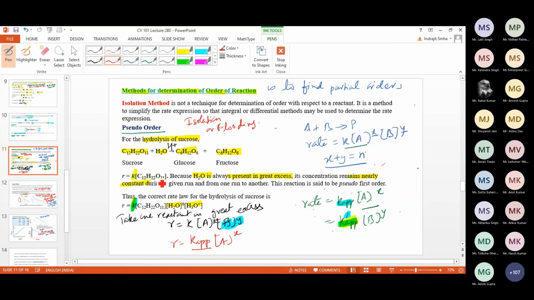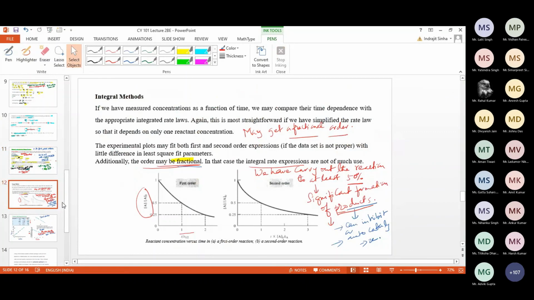But then once you have got this pseudo rate law, you still have to find out the order with respect to A or order with respect to B, right? So how do you do that? That is the next question.